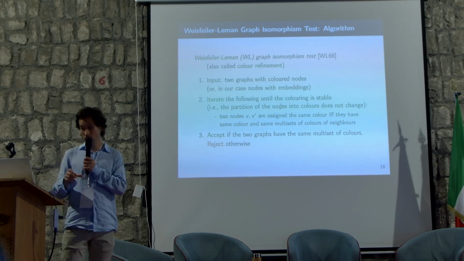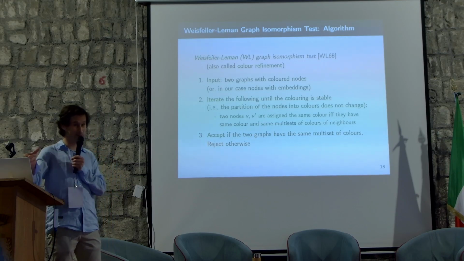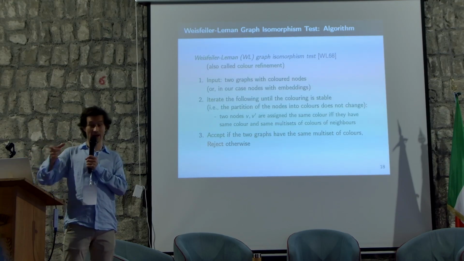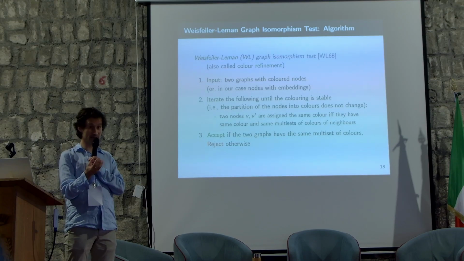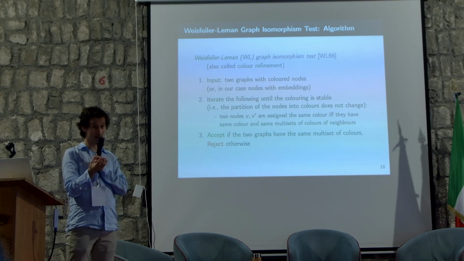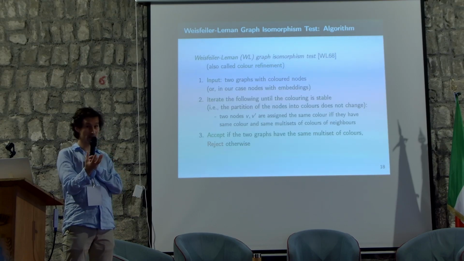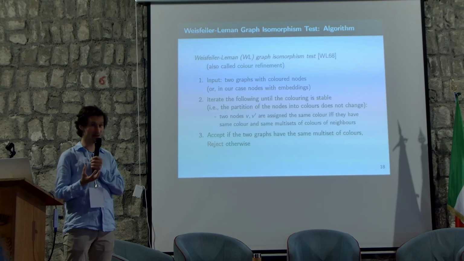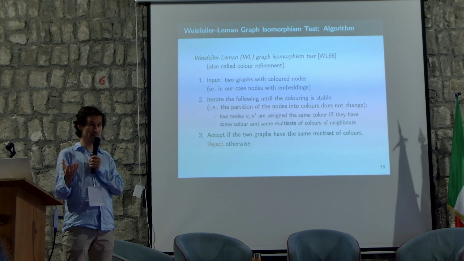So we assign new colors to each node based on the following. We just look at the colors of the neighbors and the color of the node itself and check: if this information is the same for two nodes, we assign them the same color. If it's different, we assign them different colors. Okay?